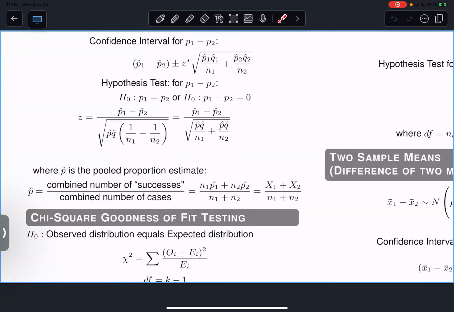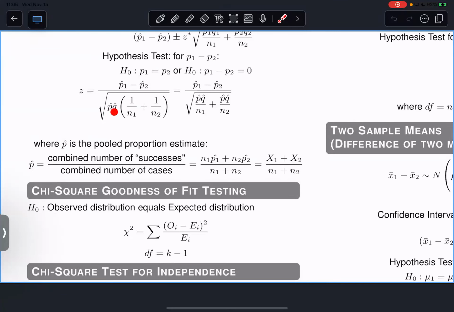Today is the first time that we're going to see a new test statistic. The difference was that for the Z, our standard error uses P hat, the pooled proportion, where we throw all our successes and failures into a pool.